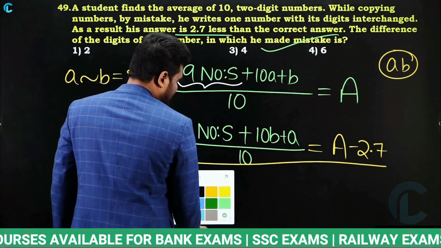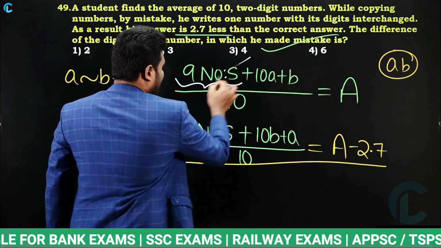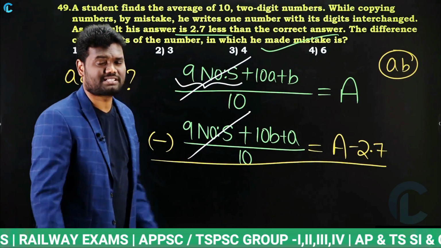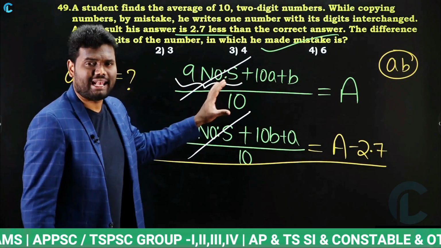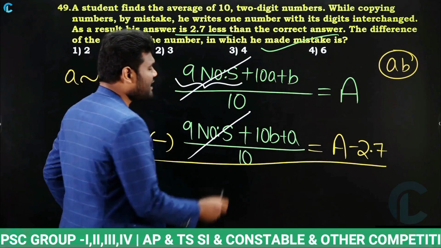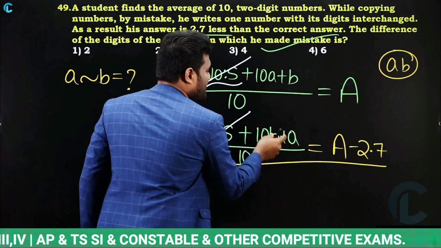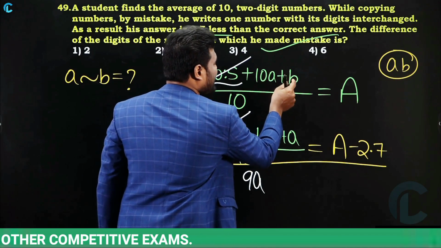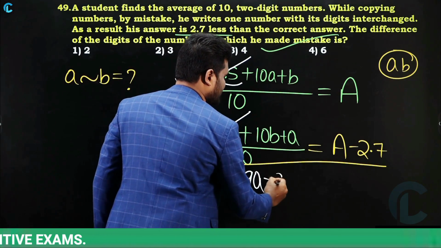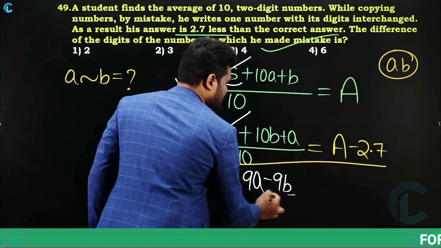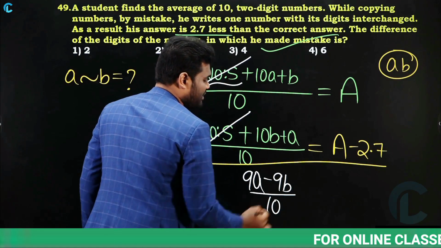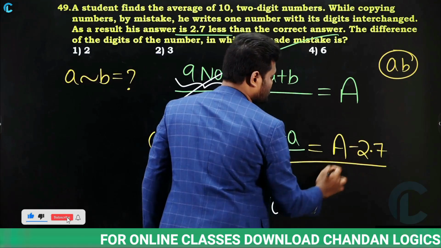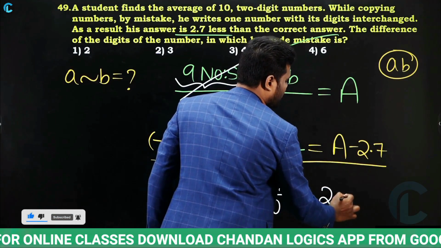If you subtract this, what happens? The 9 numbers and 9 numbers get cancelled. Why? Because these 9 numbers are exactly the same. Now if you subtract here, 10A minus A is nothing but 9A. Similarly, B minus 10B is nothing but minus 9B. As it is an average, divide by 10 is equal to A minus (A minus 2.7), which is nothing but 2.7.